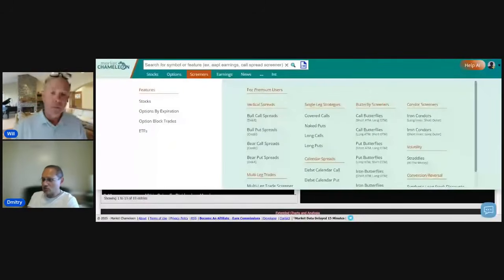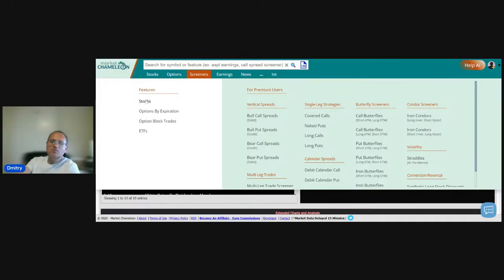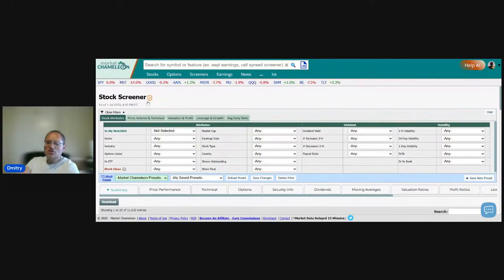I'm going to go to the stock screener, and we're going to use that to see how we could monitor VWAPs. We'll talk about what they are and what we're tracking. If we go on the top menu under screeners, select stocks, we'll come to the stock screener.